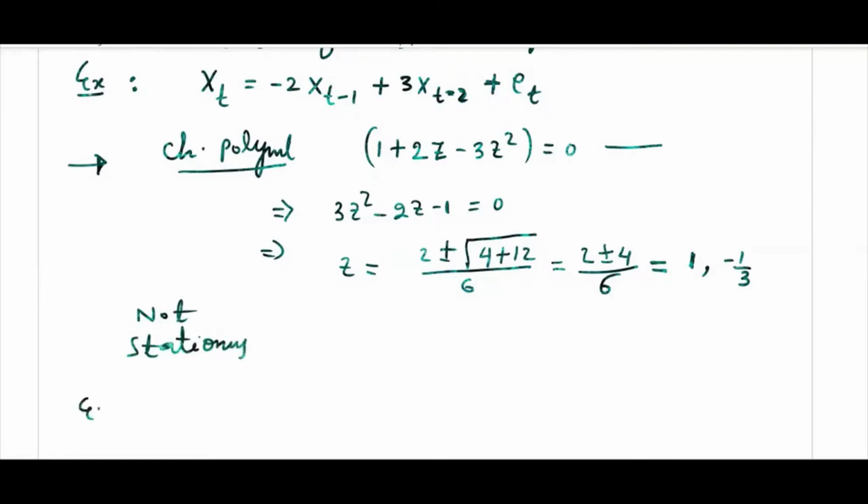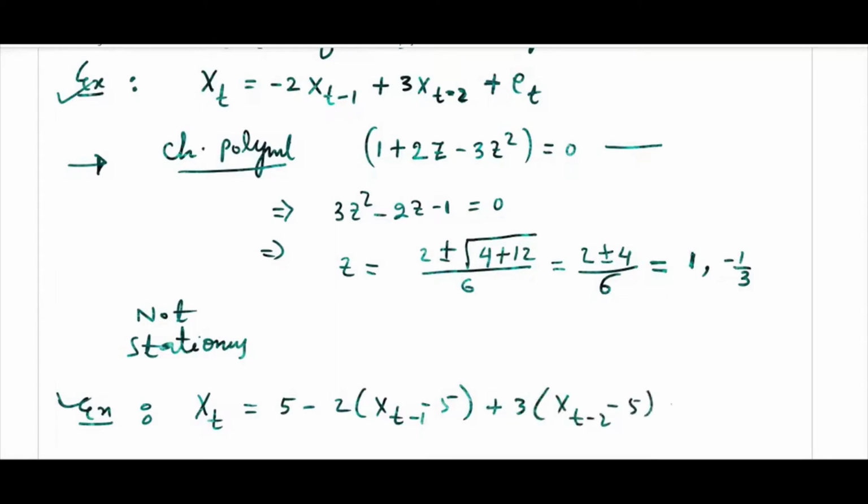If I change the example a bit, if I give you a second example like this, you need not check here, because this one and this one are the same. Sometimes you might get it this way as well.